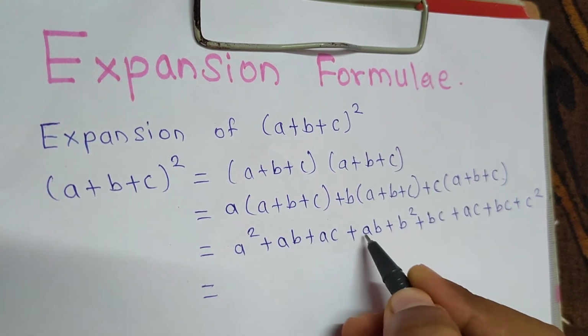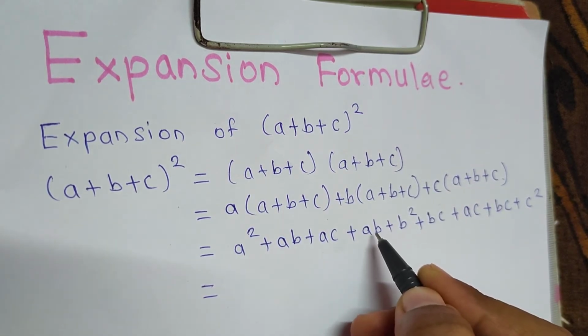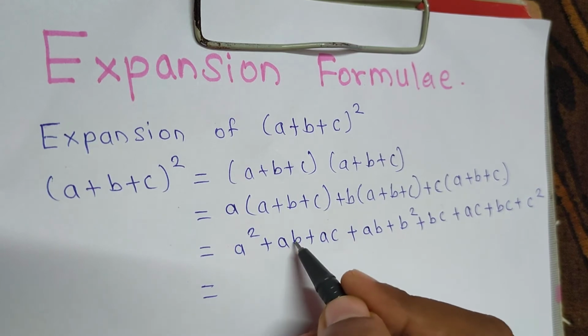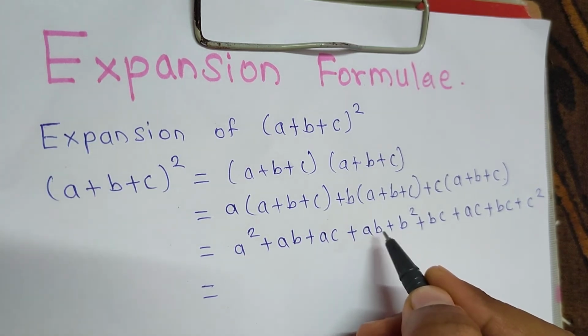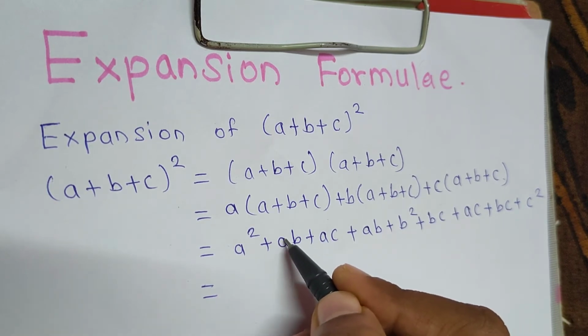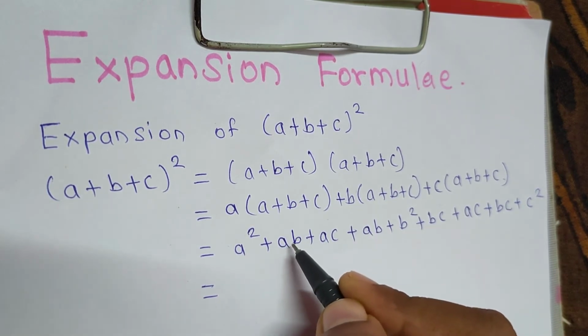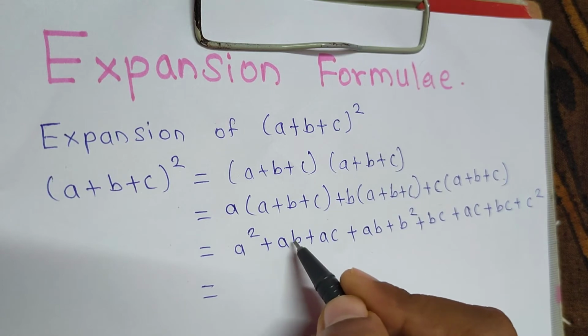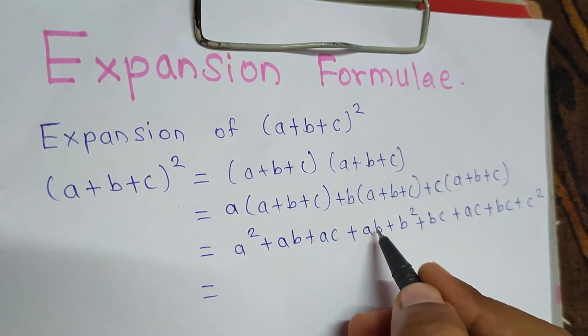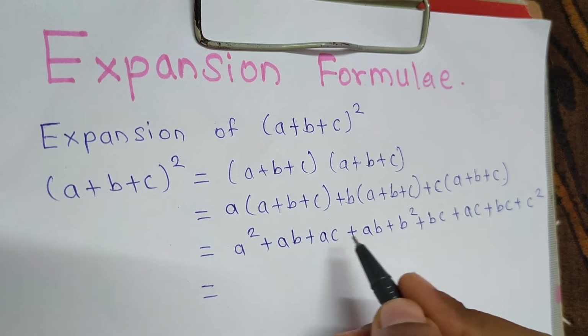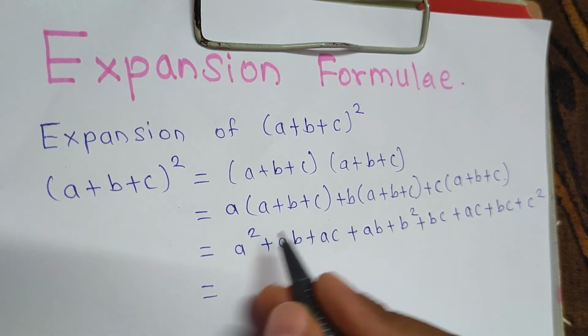This is equal to a square, b square and c square will remain same. ab plus ab will become 2ab. Why? Because this ab and this ab are same. The variables are same. As they have coefficient 1 here, 1 here, it behaves like apple. This becomes 1 apple, this becomes 1 apple. 1 apple plus 1 apple will give you 2 apples. So that will result into 2ab.